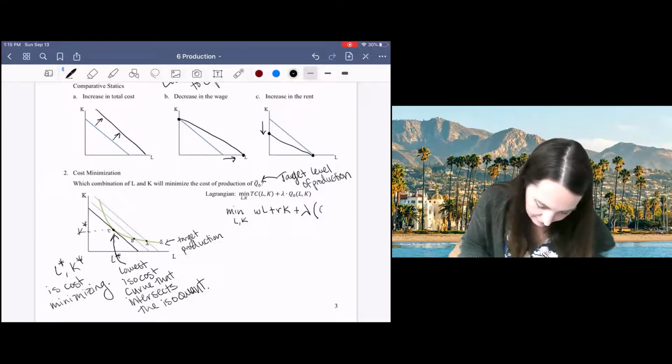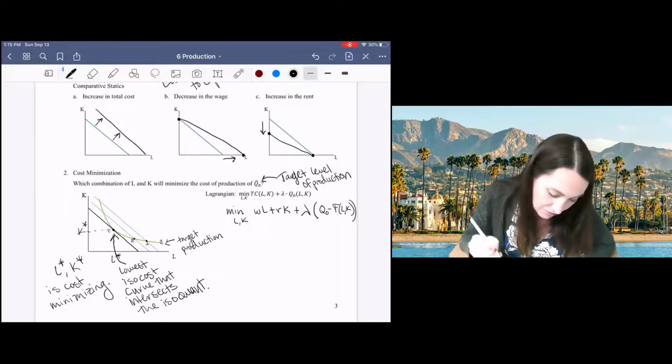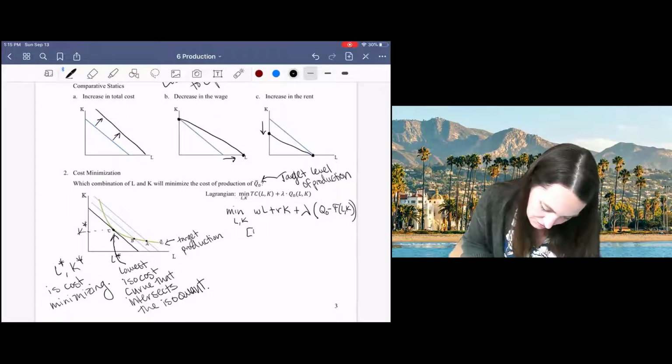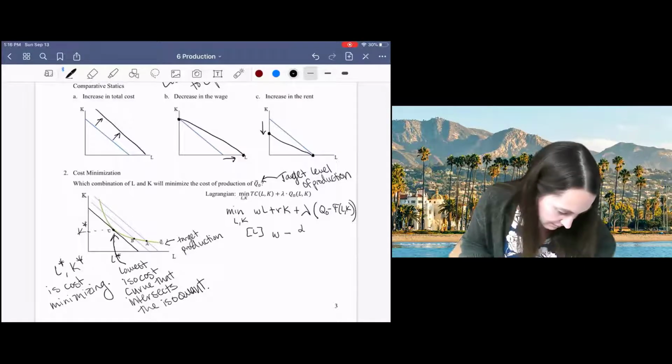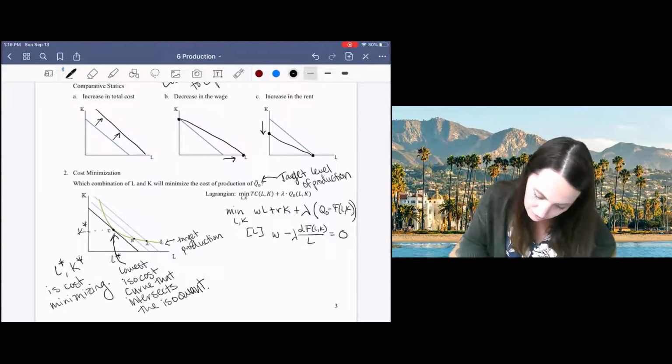So we would have our target level of production minus some function of labor and capital that describes the production process. And then when we take our derivatives with respect to labor, we would get W minus the derivative of our production function with respect to labor times lambda. And then we would set that equal to 0.